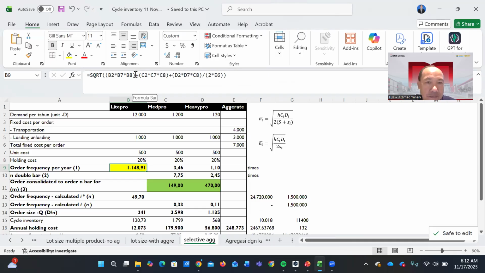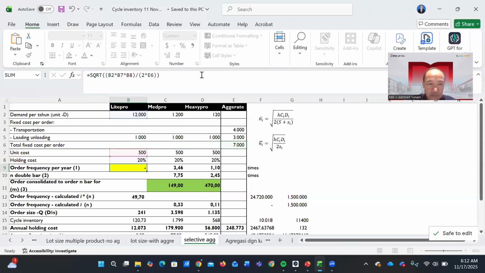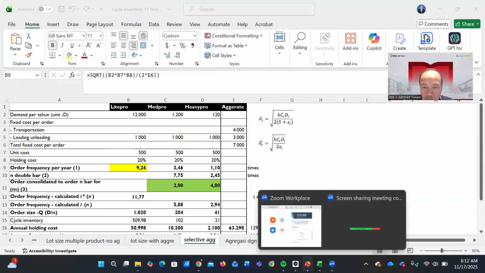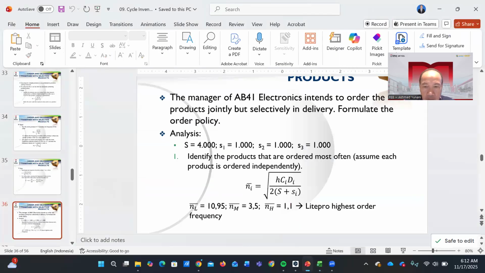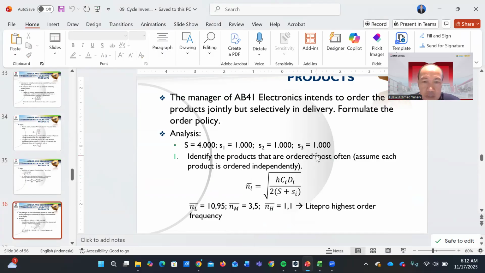We calculate Ni bar first, here, square root of little h times CI times DI divided by 2 times S plus SI.